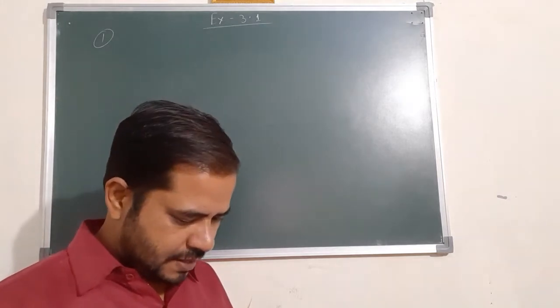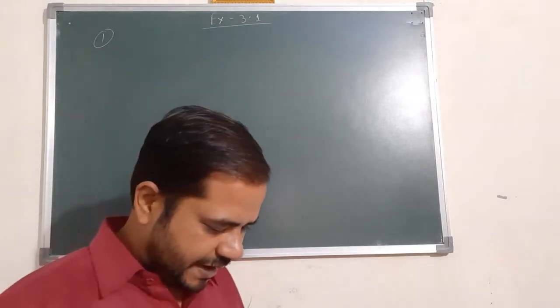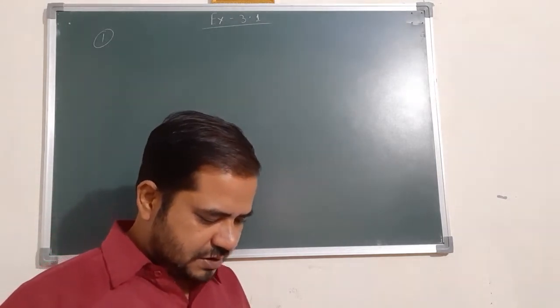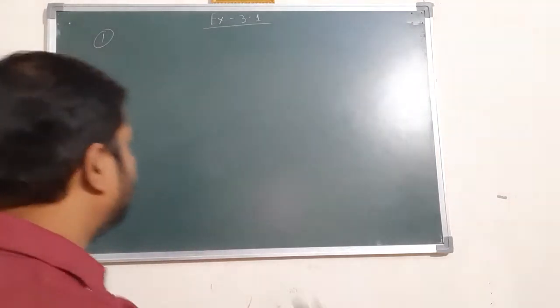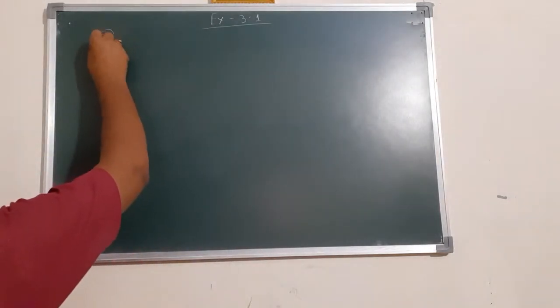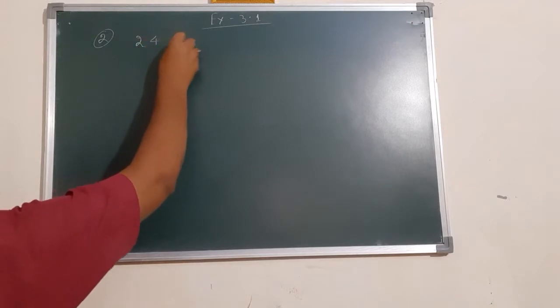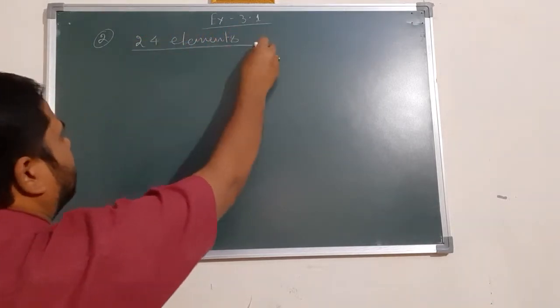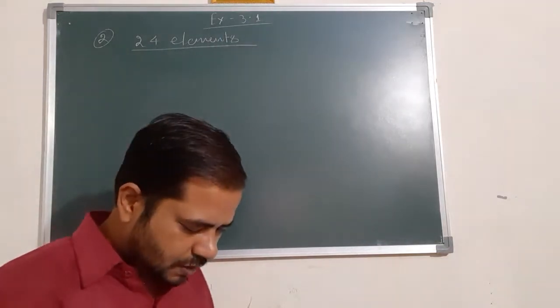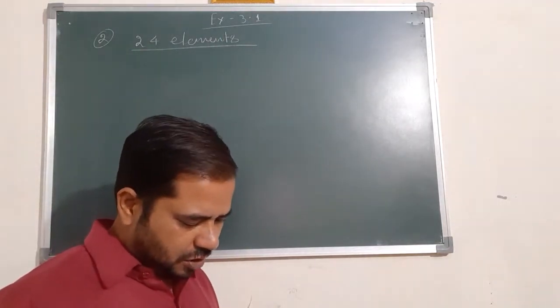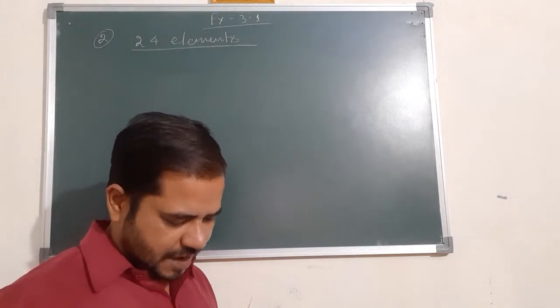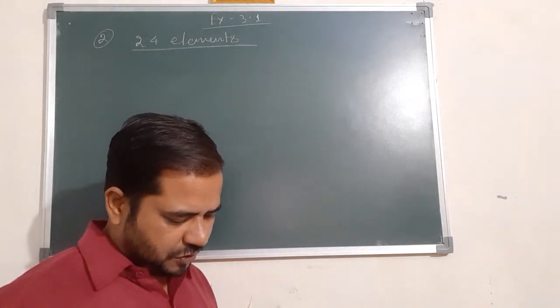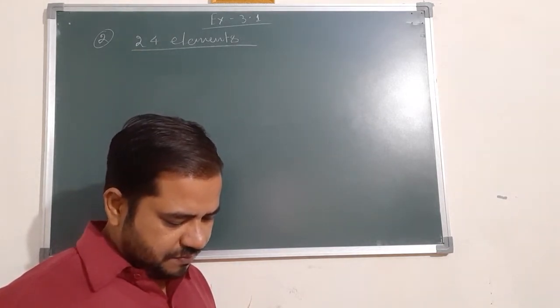Now the second one. Question number second: a matrix has 24 elements. What are the possible orders it can have?